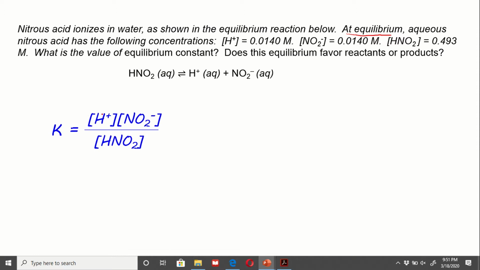Your expression is the concentration of the products divided by the concentration of the reactant. Now go ahead and substitute these numbers for the concentration of H plus, the concentration of NO2 minus, and the concentration of the remaining acid HNO2.